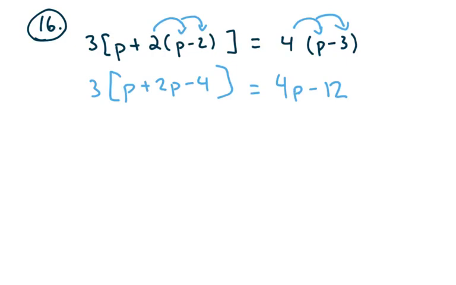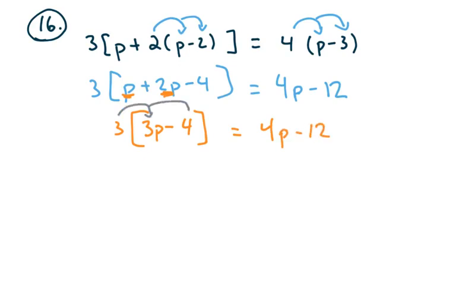Before I start distributing again, I want to see if there are some like terms. On the left-hand side, we've got those, so we'll put them together. And then I'm going to distribute once more. I feel like you should be getting some sort of rhythm here with this.